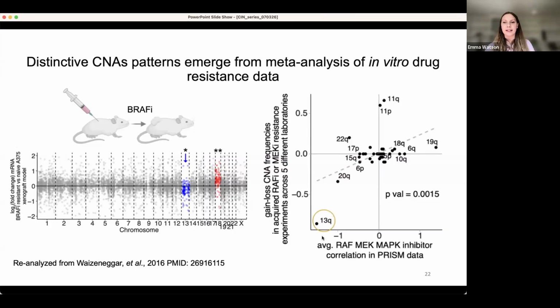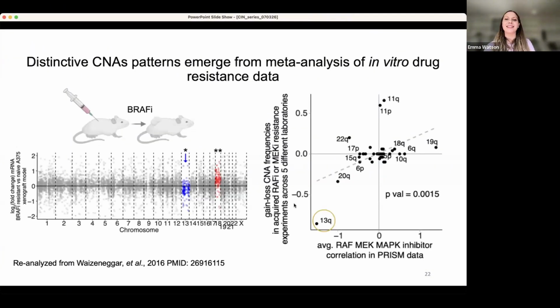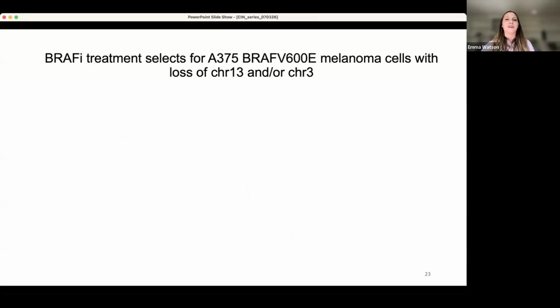And we see what really sticks out is loss of chromosome 13. And also, I should say, one of these studies was from the Jason and Stefano papers, in which one of the drugs they used was a BRAF inhibitor in a melanoma cell line, and they do in fact see loss of 13. So this is very, very robust.